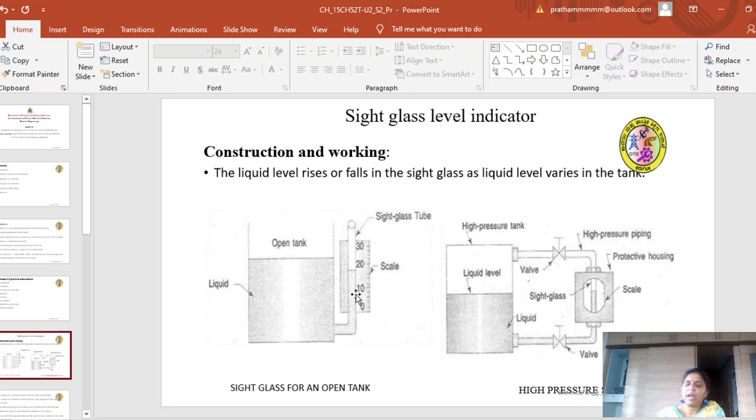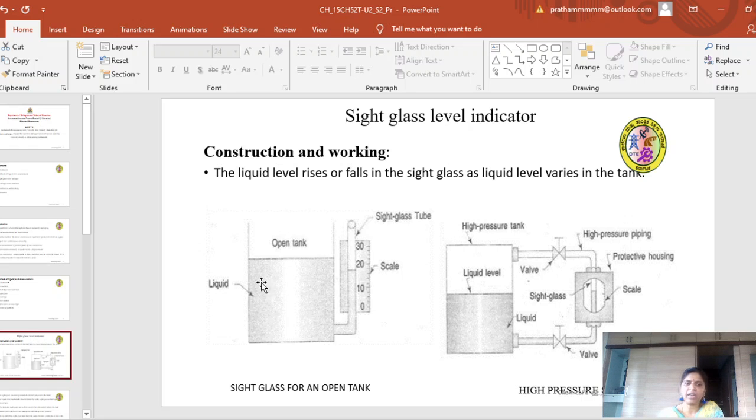When the liquid level rises or falls in the side glass, that in turn indicates the level of liquid in the tank. So the liquid level rises or falls in the side glass as the liquid level varies in the tank. This is the side glass method of liquid measurement in an open tank.